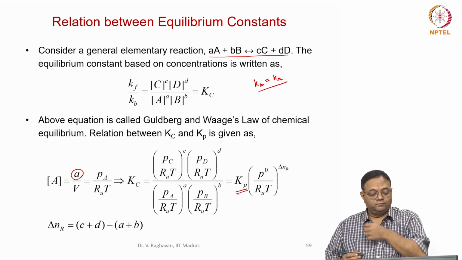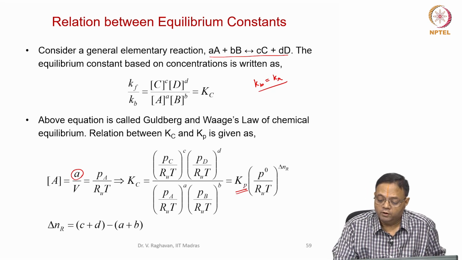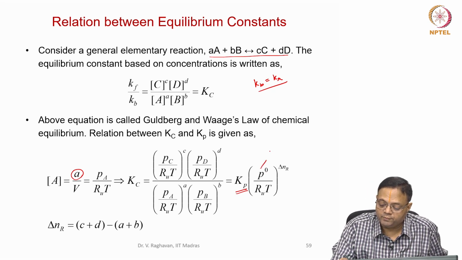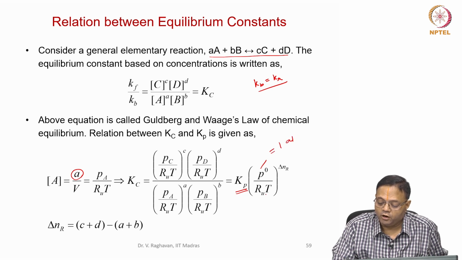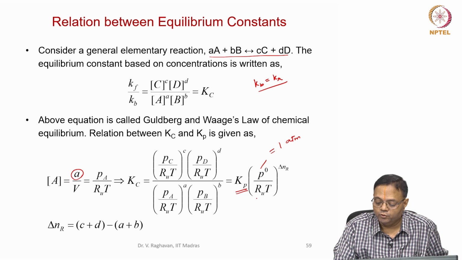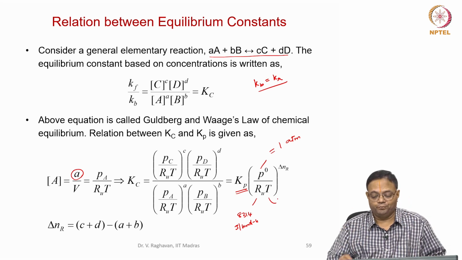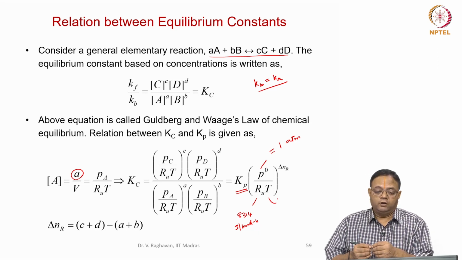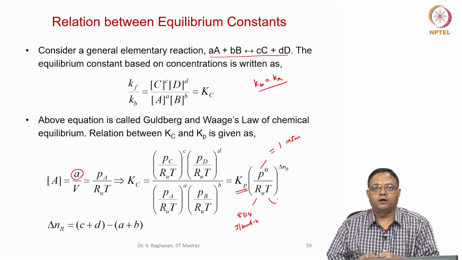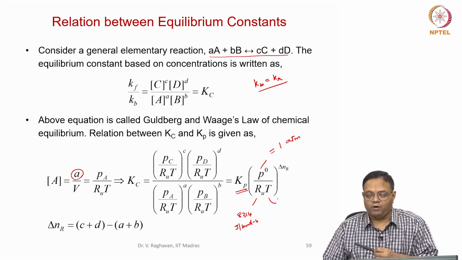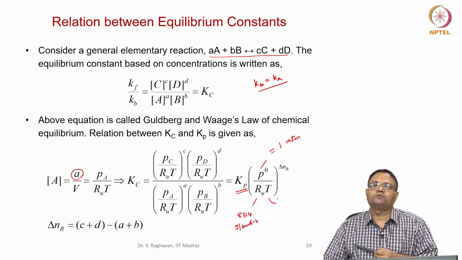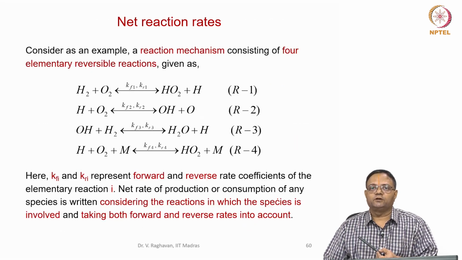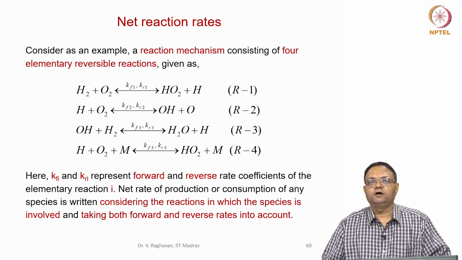That is the way you do this. Now P naught is the atmospheric pressure, equal to 1 atmosphere, Ru is the universal gas constant, and T is the temperature at which this reaction is at equilibrium. So if we connect Kp and Kc, I will get the value of the ratio Kf by Kb, or Kf by Kr, from which I can measure one of them and determine the other. So I need not conduct experiments to measure the second one. Okay, so this is about a single reaction rate.